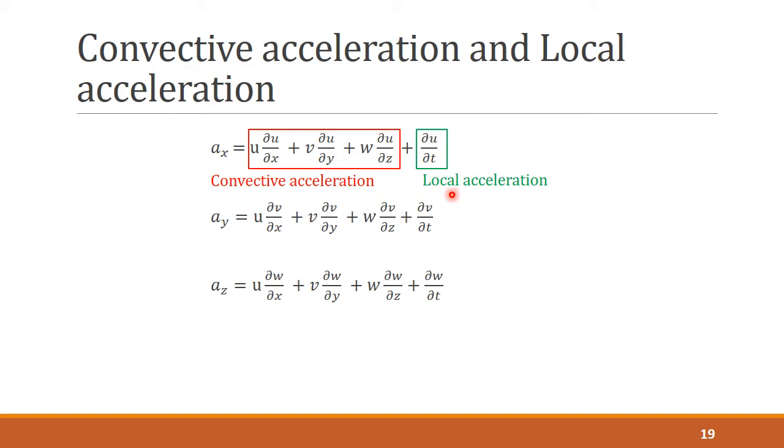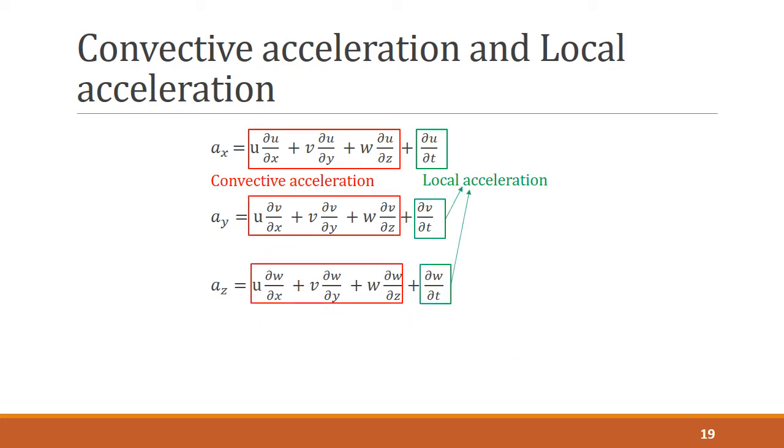So there are two types of acceleration in ax. Convective acceleration, wherein acceleration is dependent on the velocity, on the space, and local acceleration, wherein the acceleration is dependent on the time. Similarly, ay and az also have convective acceleration and local acceleration terms.